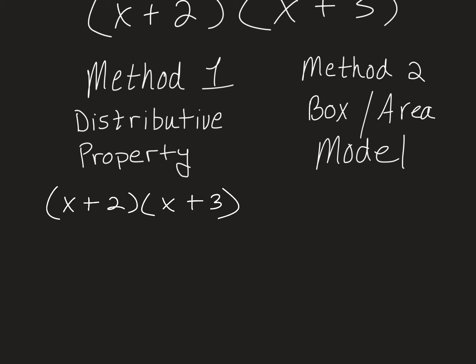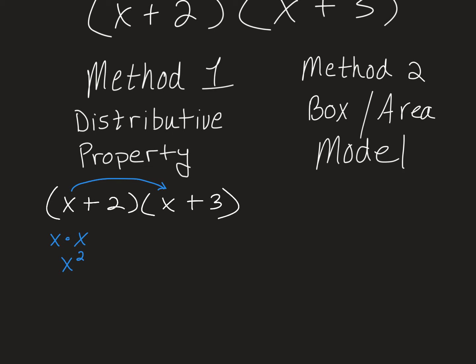So the first thing when I distribute the x to the x, that means that I'm multiplying x times x. How many x's am I multiplying together? I am multiplying x to the second power. If I want to simplify that, I'm multiplying 2 x's, which is going to give me that x to the second power.